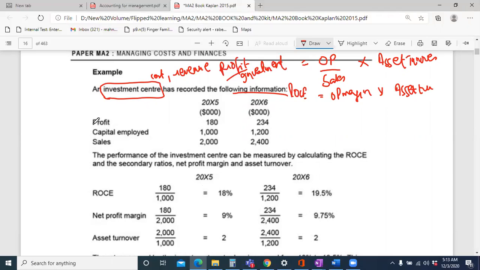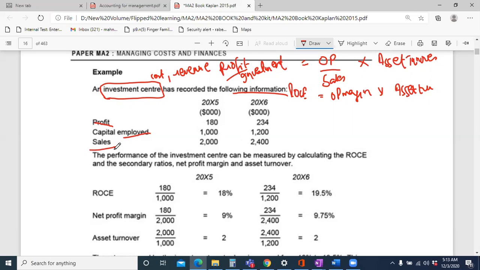So here you're given the profit for 2005 and 2006. One investment center has reported a profit of 180,000 in 2005 and a profit of 234,000 in 2006. And the investment, which is capital employed, is 1,000 in 2005 and 1,200 in 2006.